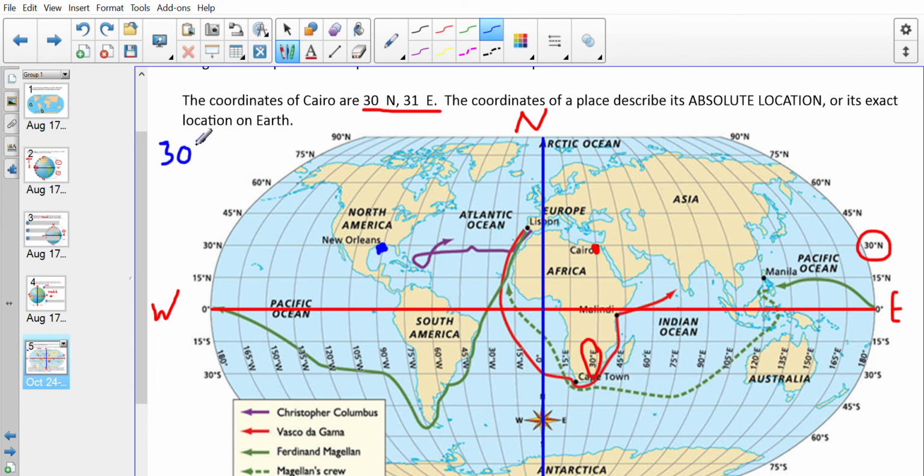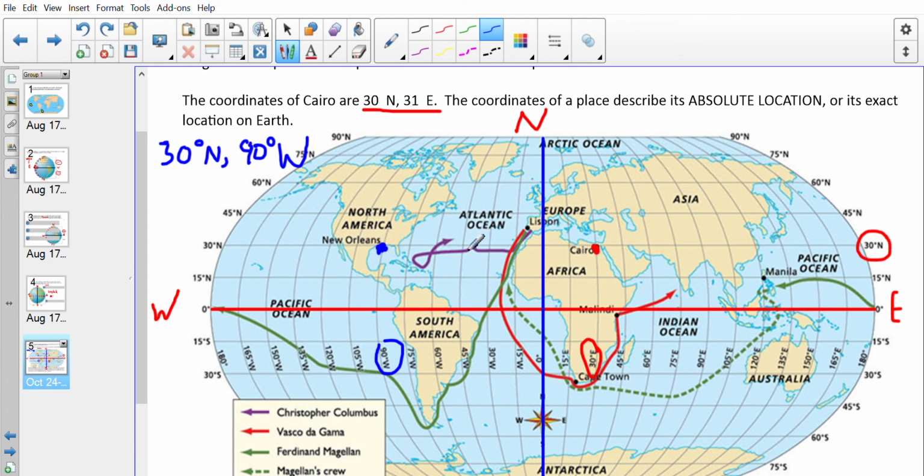You can use a little circle to represent degrees. So it's 30 degrees north, and then on our lines of longitude, we're going to trace it down, and it's 90 degrees west. Okay, 2 numbers that help us find this point on the map.